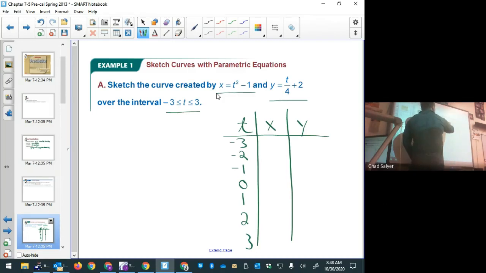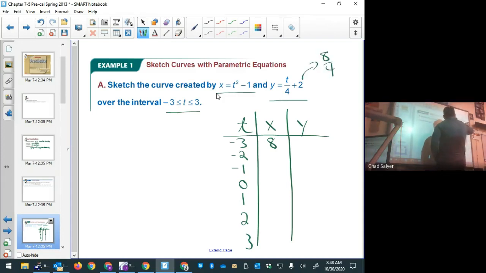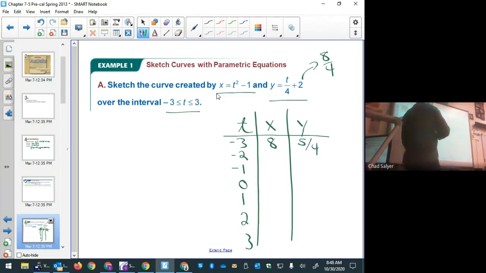So -3 plugged into this expression, -3 squared is 9, minus 1 is 8. And then -3 over 4 plus 2. Well, remember that 2 is also 8 over 4. So -3 over 4 plus 8 over 4 is positive 5/4.